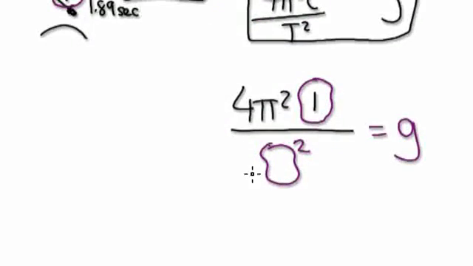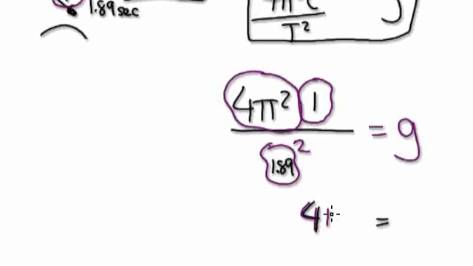So let's put this into here, 1.89. So here you've got this thing times 1. So you're just going to be left with 4 pi squared, because 1 times 4 pi squared is just 4 pi squared.